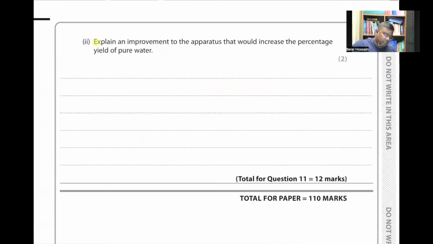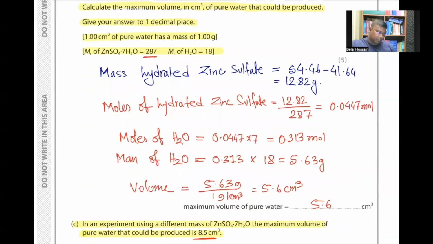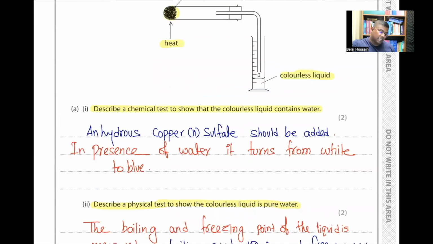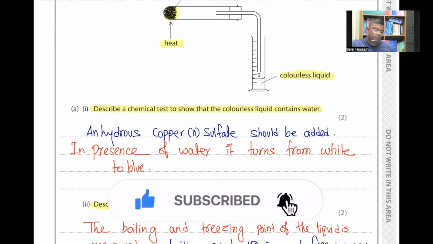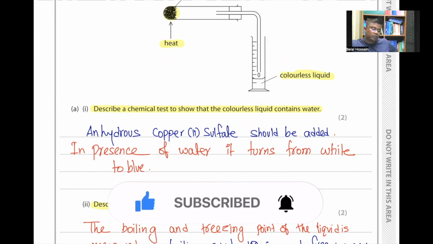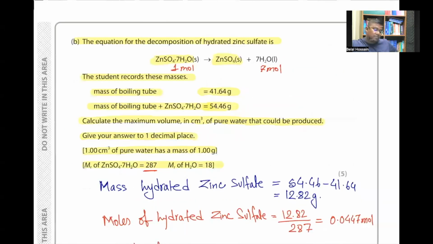Last question. Explain an improvement to the apparatus that would increase the percentage yield of pure water. So basically, we can see in this particular apparatus that water was directly collected. Now, if water is collected directly in this way, most of the water will be lost as water vapor. So we can put this measuring cylinder in an ice cold water bath which has a temperature of 0 degrees Celsius, to make sure that all of the water vapor that comes out can condense.